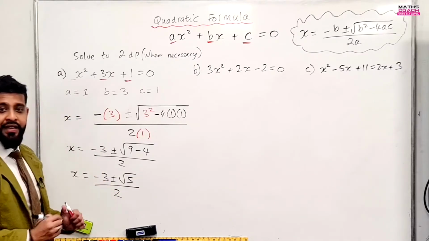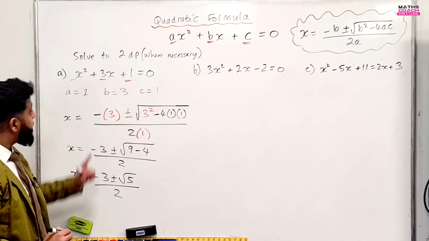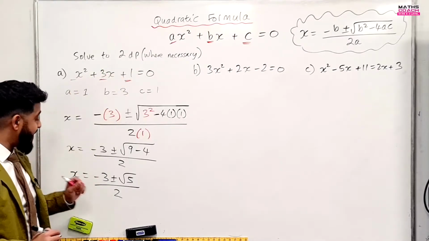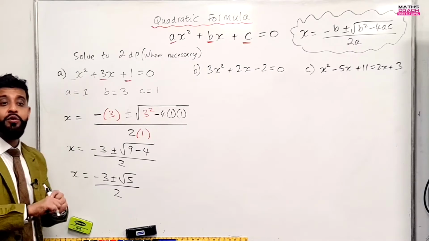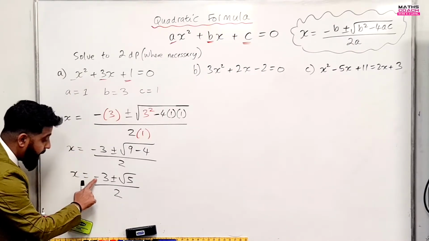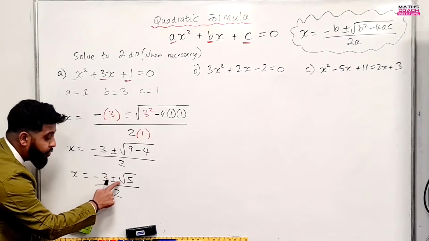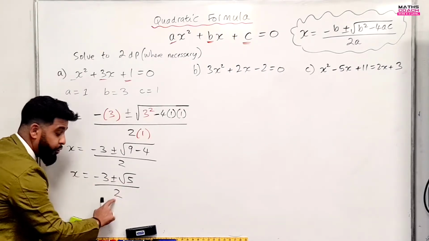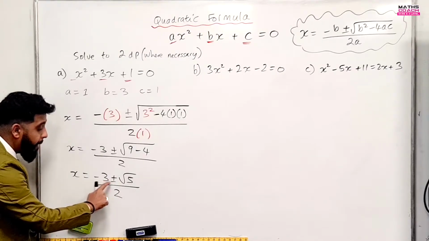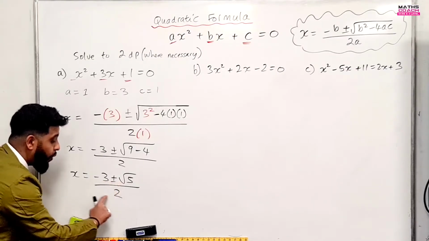And that is done. Now, the question did say to give your answer to 2 decimal places. So all you now need to do is get your calculator and you need to do 2 different calculations. The first calculation would be minus 3 plus root 5 all over 2. The second calculation would be minus 3 minus root 5 all over 2.